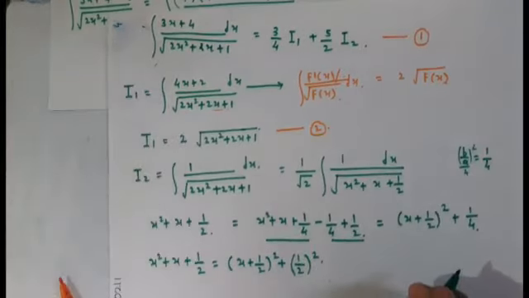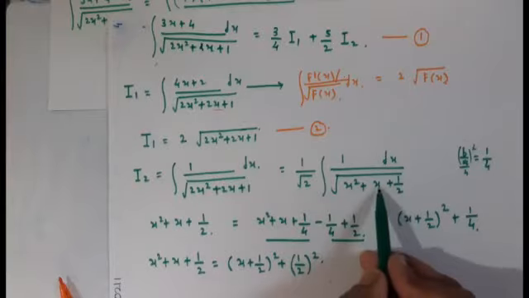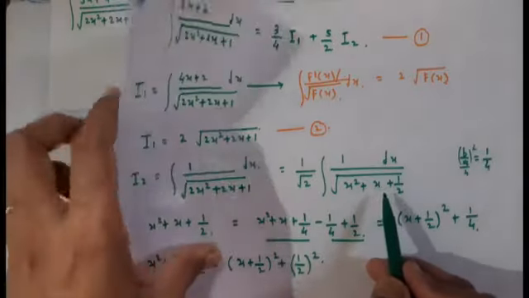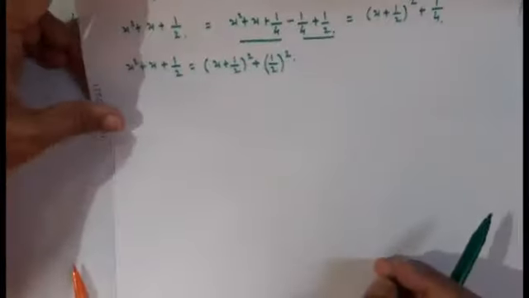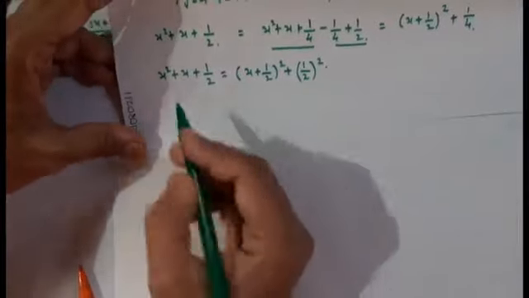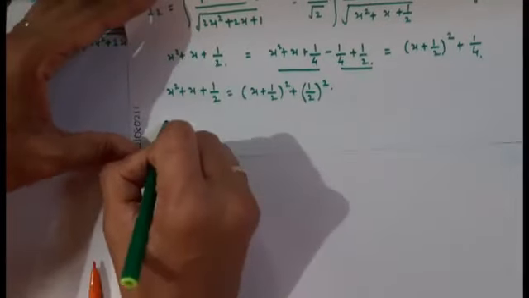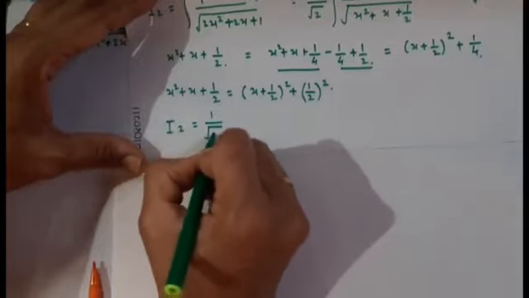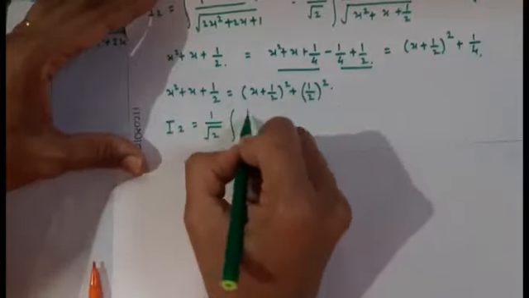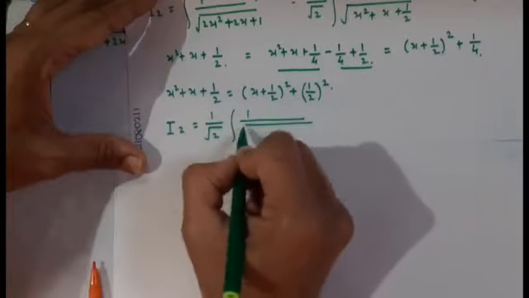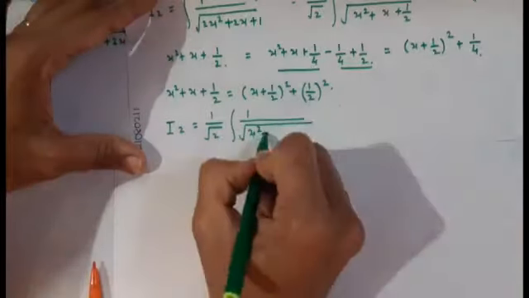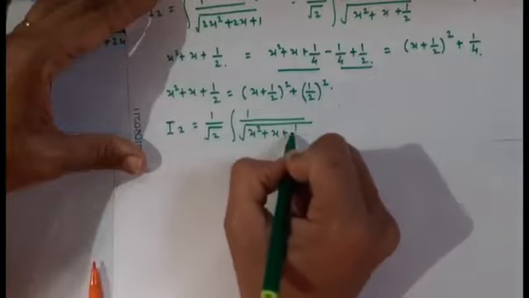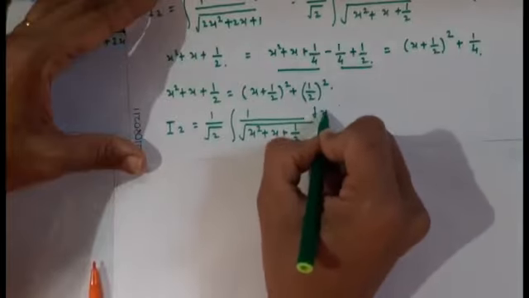Okay students, in this way we have adjusted the term. And now the integration I2 equals 1 upon square root of 2 times the integration of 1 upon square root of x square plus x plus 1 by 2 with respect to x.